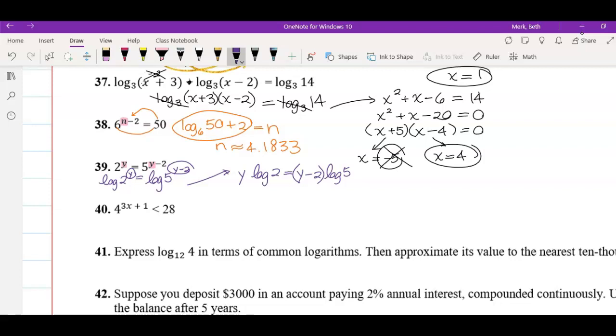I'm going to subtract y. Well, first I'm going to distribute actually, because I don't want the parentheses. Then I'm going to subtract y log 5 from both sides. And over here I'm left with negative 2 log 5. I'll factor out a y.